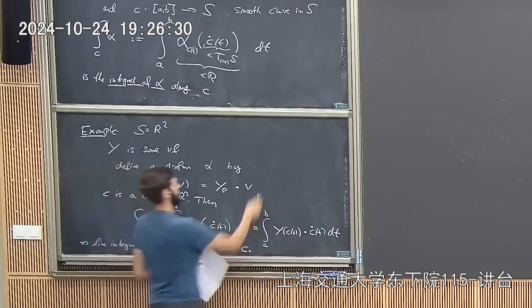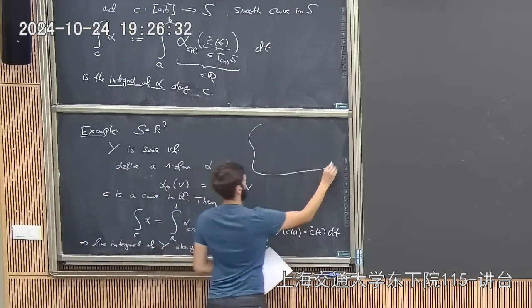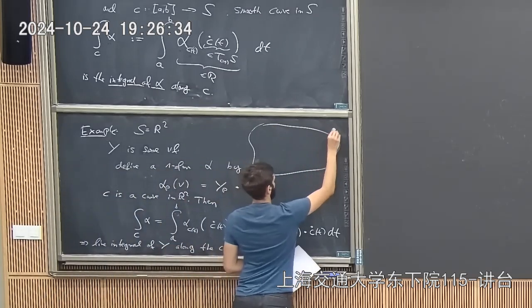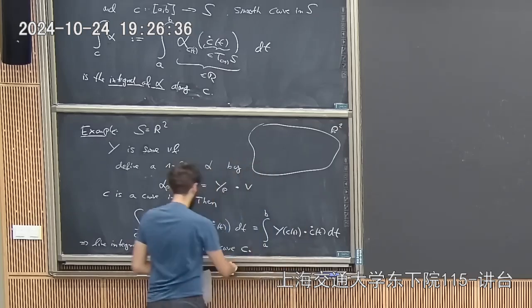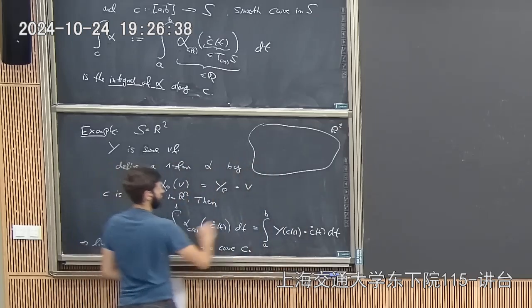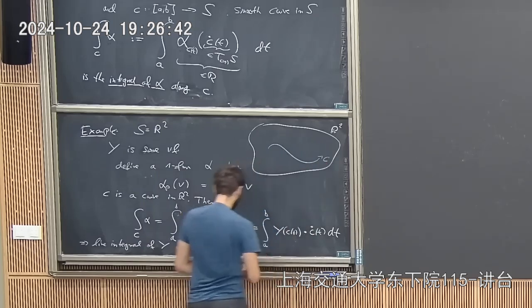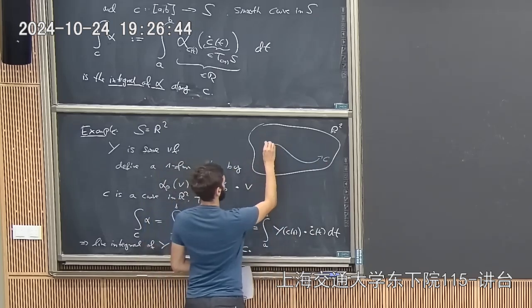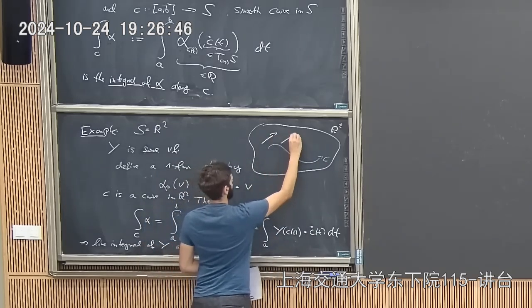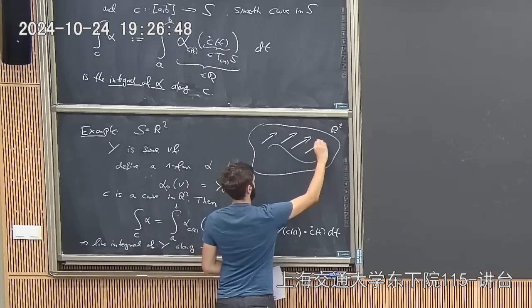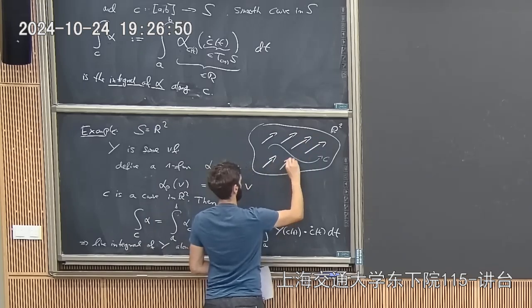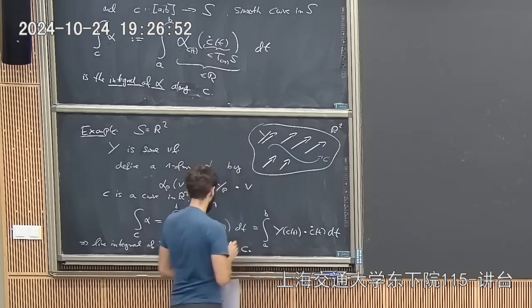So the picture is that, say that is R2. Here we have a certain curve in there, and we are given a certain vector field that fills out R2.